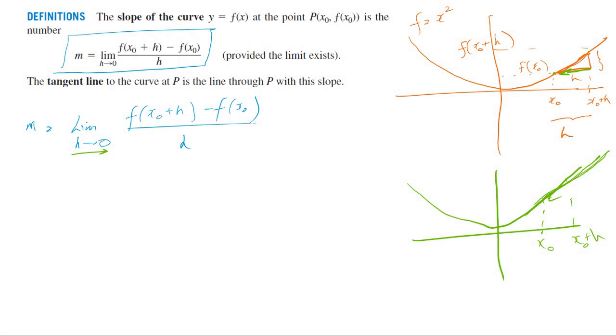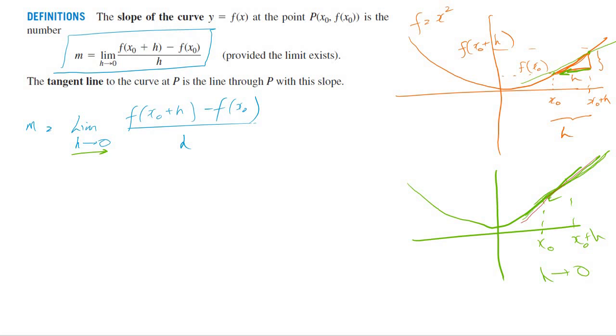Now, if I draw a line through x0 and x0 plus h, it has to go through 2 points. But as h tends to 0, the line touches the curve at only one point, so it becomes a tangent, because it touches the curve only at x0.